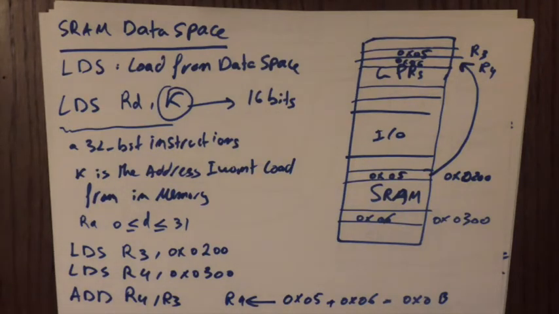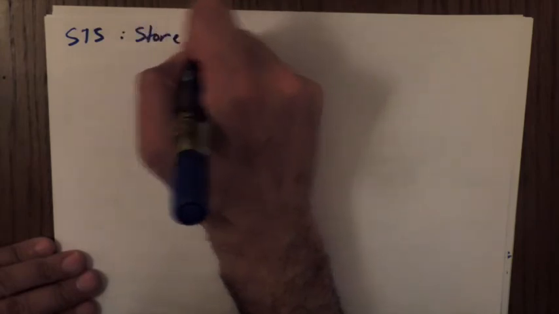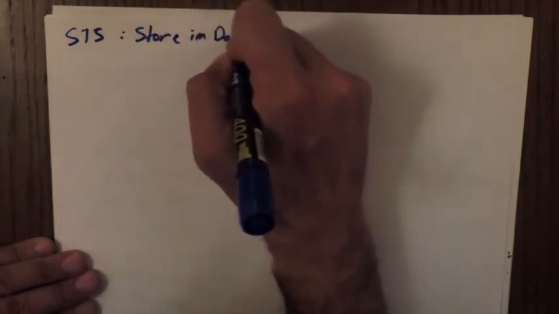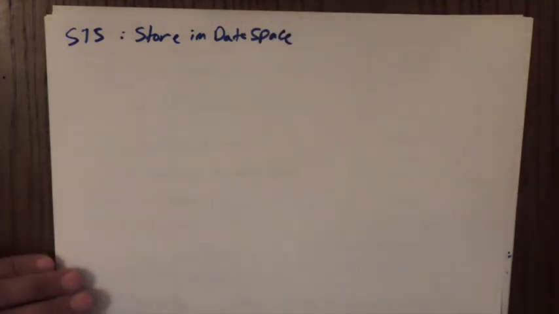Now I can do the same. I can actually store some values. So how can these values be in the SRAM? Another instruction is the STS instruction, store in data space.